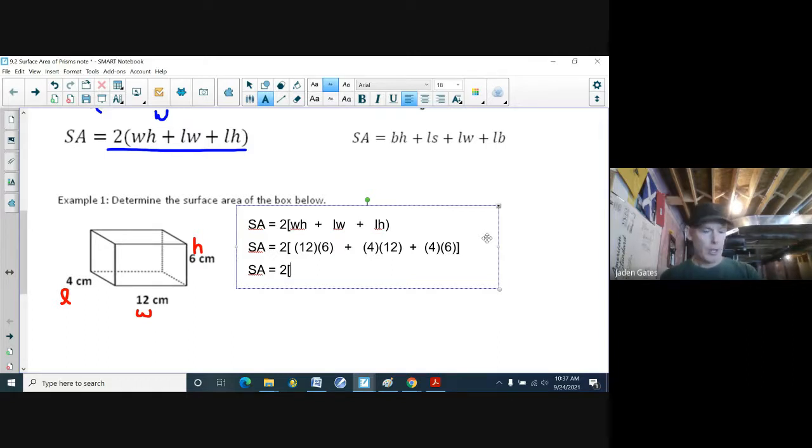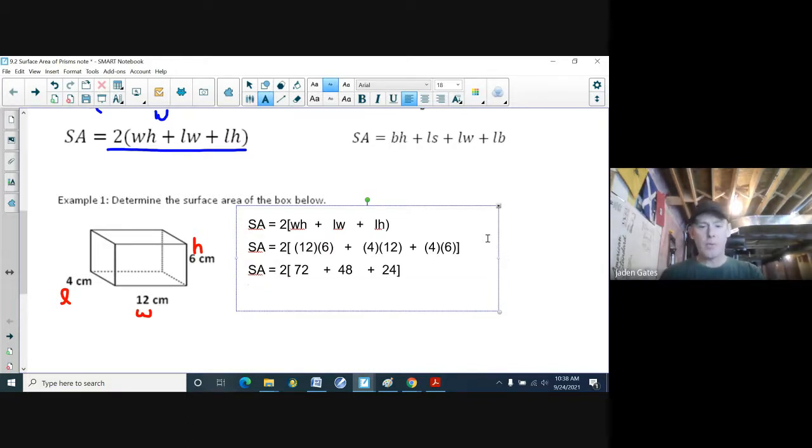So 12 times 6 is 72. Then plus 4 times 12, which is 48. Plus 4 times 6, and I don't need the calculator for that one because I know 4 times 6 is 24.